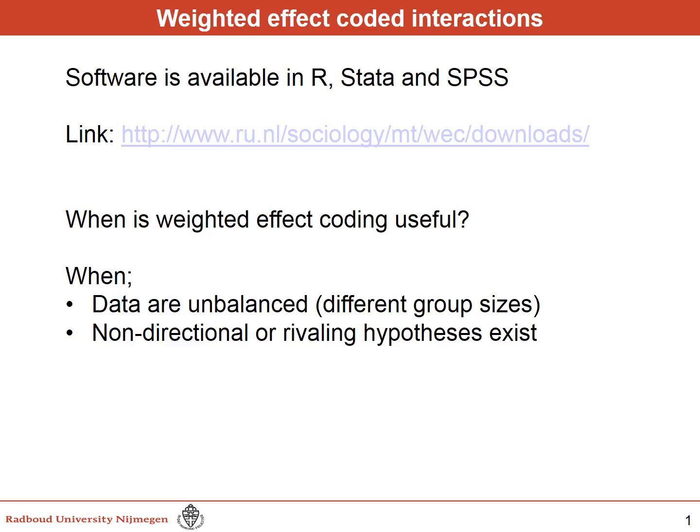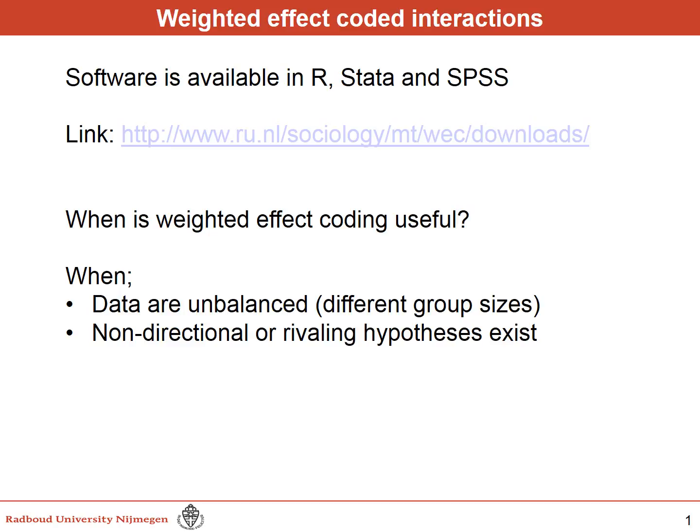It also makes sense in case you have non-directional or rivaling hypotheses. Then dummy coding is a less appropriate method, because there is no clear reference category to use in your regression analysis.